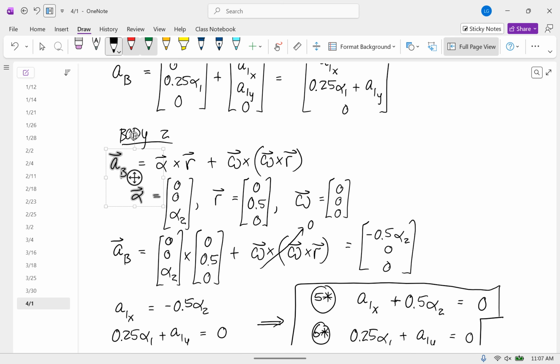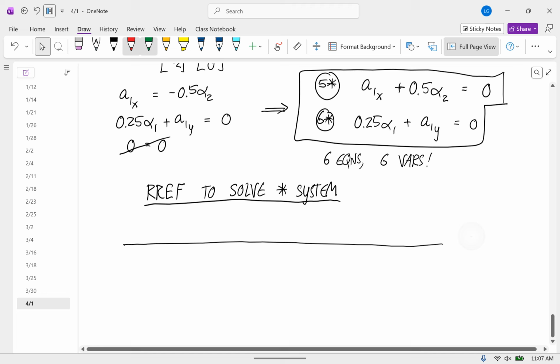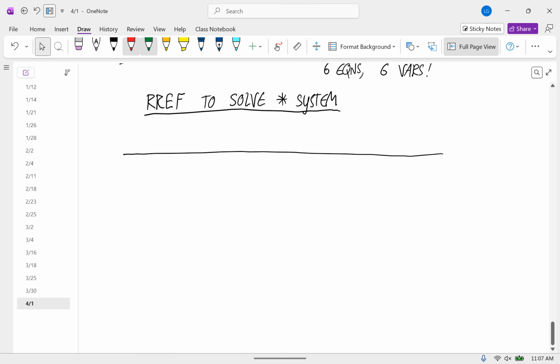So this is the acceleration of B according to body 2. There's no A at all in that. And then I set this vector equal to the vector that I got from body 1. Okay, so we're going to go 6 rows and 7 columns.